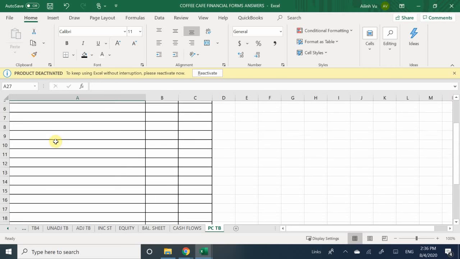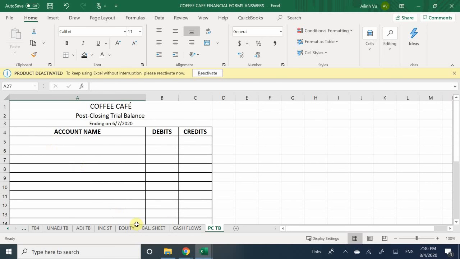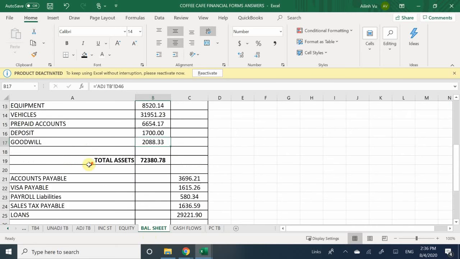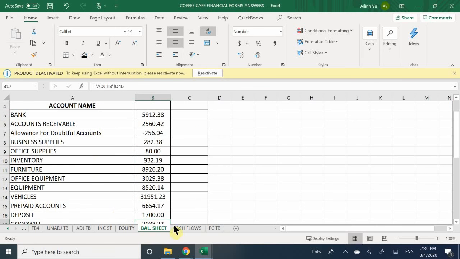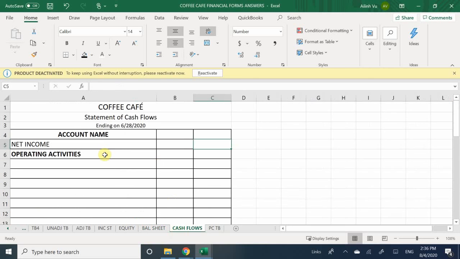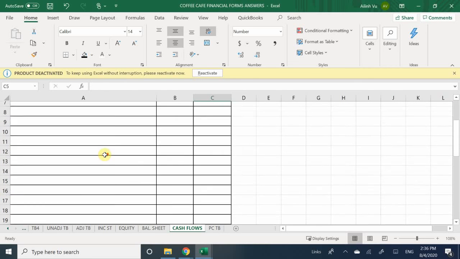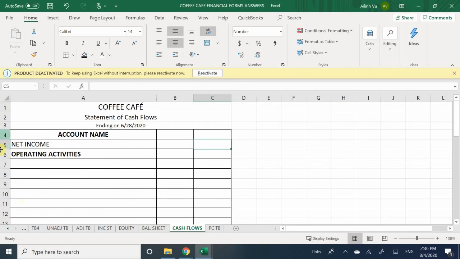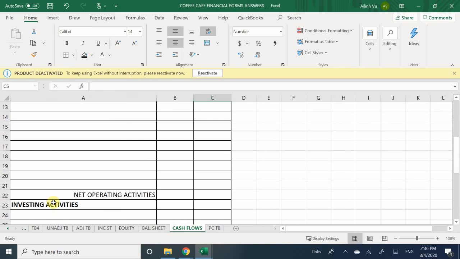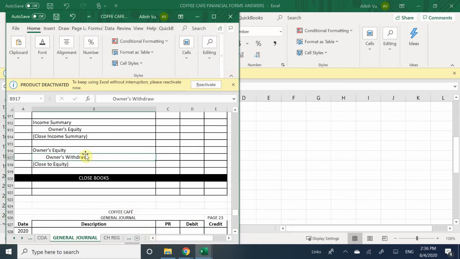So it's going to reflect your balance, not your balance sheet; your balance sheet should reflect everything that's going to be in your post-closing trial balance. And this has to happen after you've posted all your closing accounts in your journal.